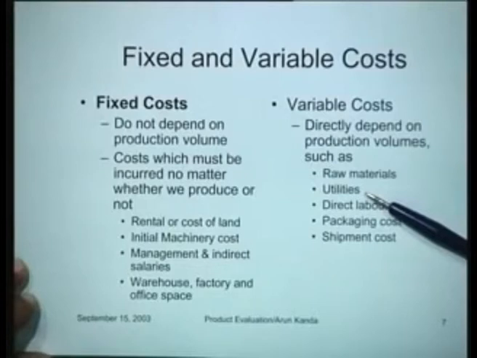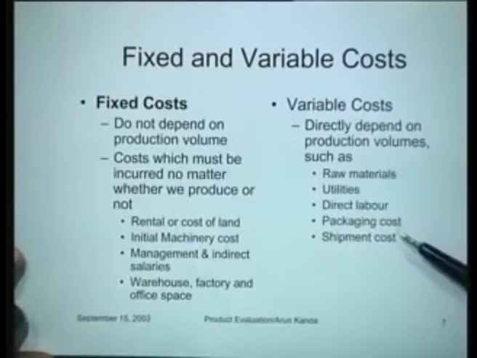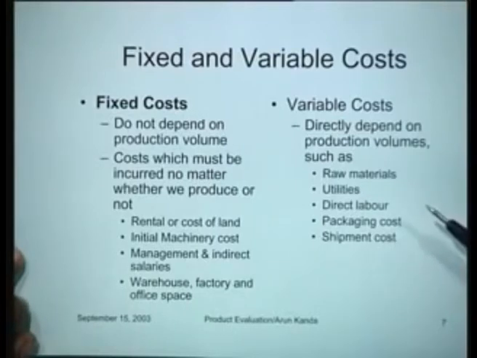Utilities, direct labor. It's like saying that 5 man hours are needed to make 1 car, and therefore for 2 cars you require 10 man hours. So that's a variable cost in that sense. Packaging cost, shipment cost, all these are essentially variable. In fact, what would happen is typically various costs would have a fixed component and a variable component.